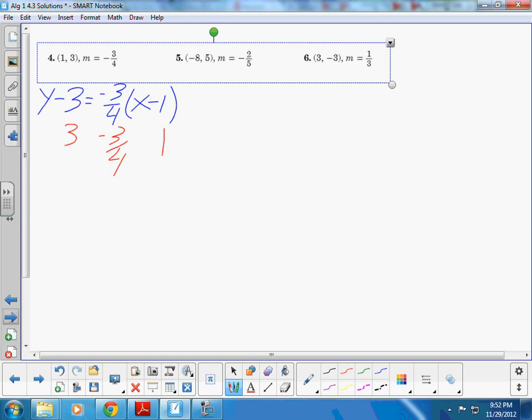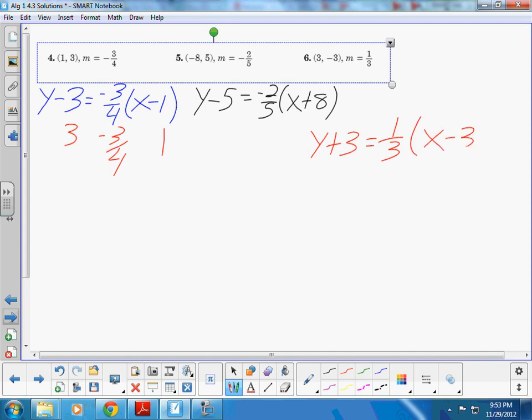So when we substitute those values in, that's what we get. Number 5, the answer is y minus 5 equaling a negative 2/5 times x plus 8. And number 6, the answer is y plus 3 equaling 1/3 times the quantity x minus 3.